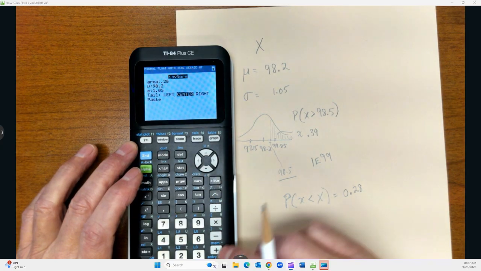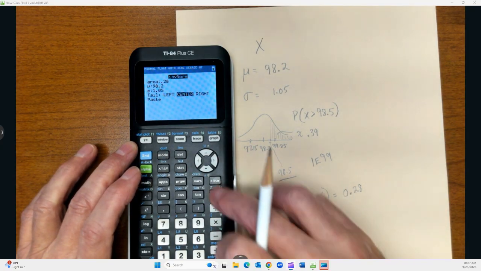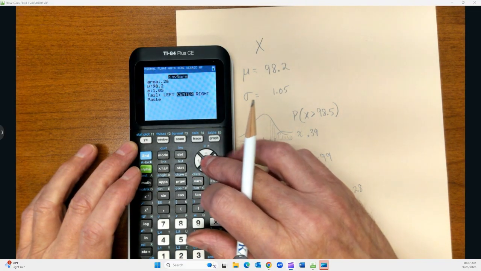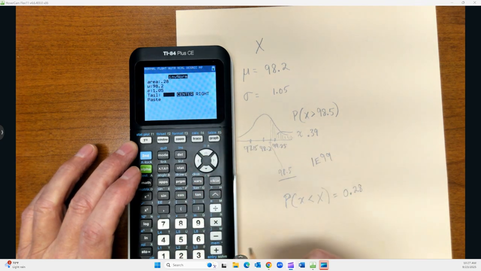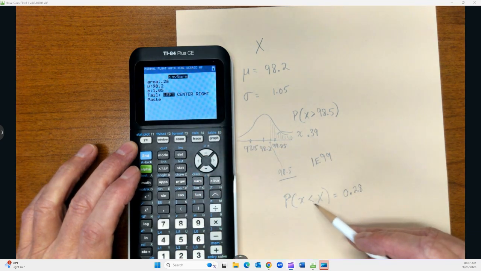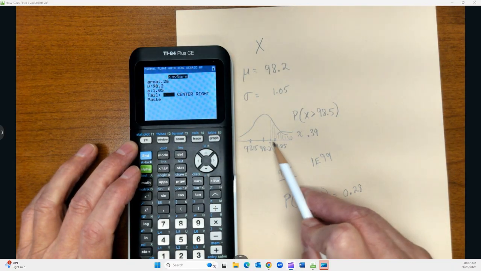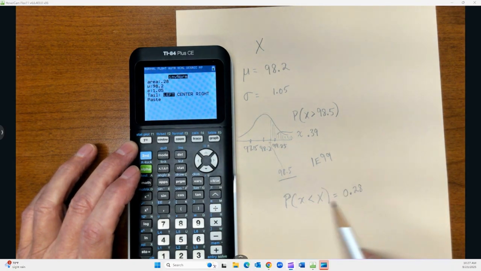Since we're interested in less than, we're going to go with the left tail. If you wanted a greater than, we would go with the right tail. Center just means how far do I go on each side of the mean to get this area.